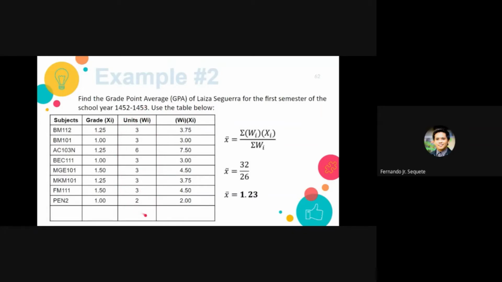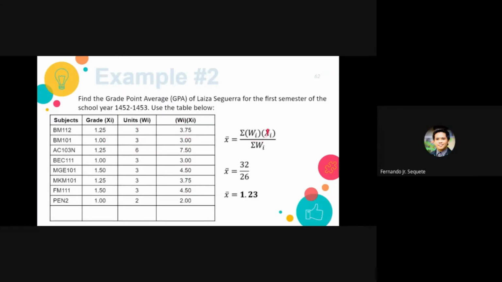So what was done, children, is that we just multiplied the grade and then the unit. That is why you have 3.75. And then 1 times 3, you get 3. And then at the very bottom, you have 1 and then 2 units. That is why you have 2. So this value here is actually the product of your grade and the units.